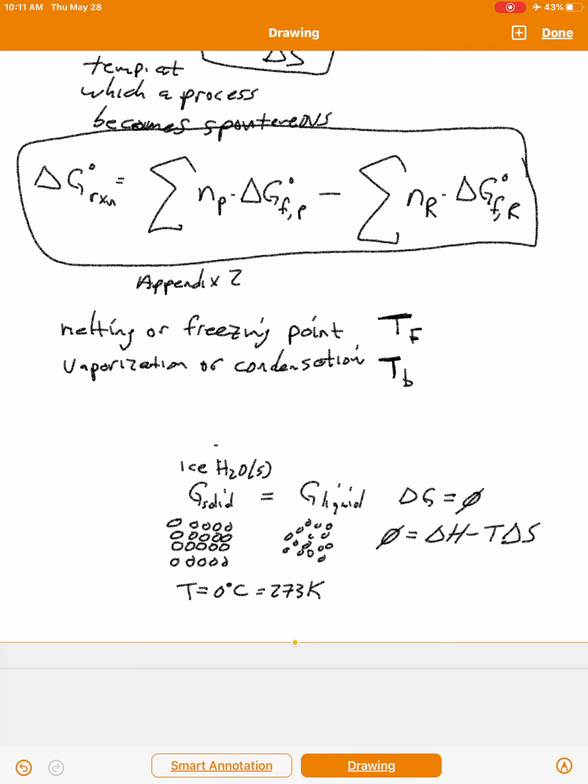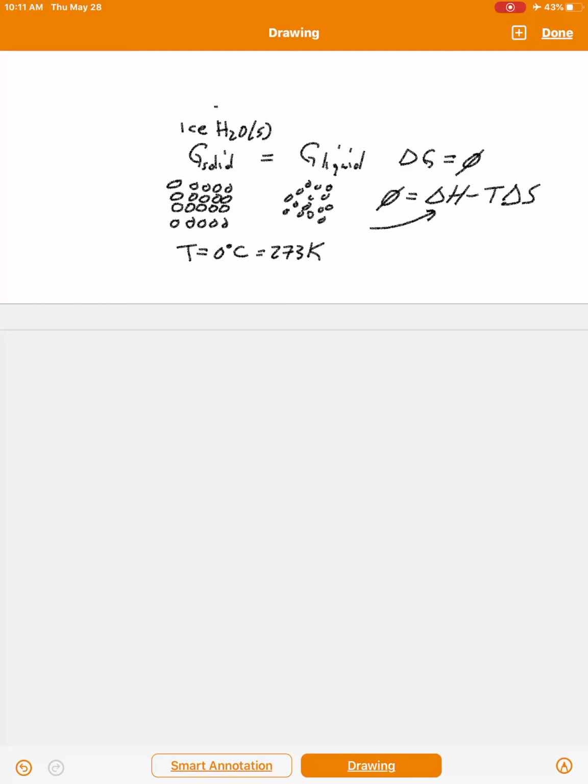So if you happen to know this value here, which we often do, those can be measured. So for melting water, temperature equals 0 degrees C, which is 273 Kelvin.